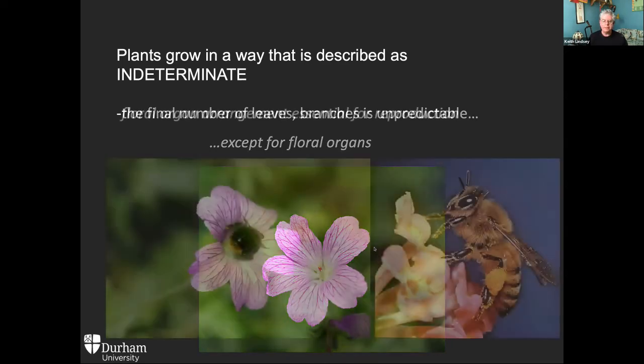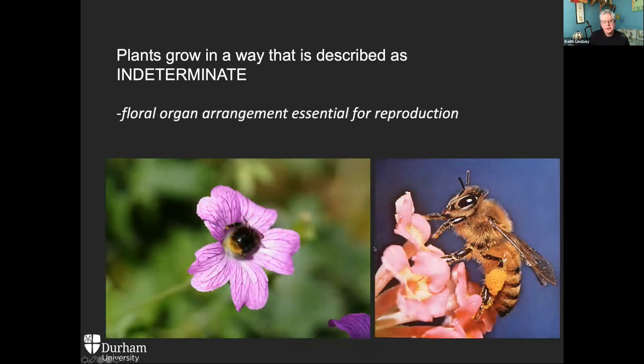And there's a good reason for that, which is that you need your floral organs for reproduction. So if you develop floral organs that are too long or too short or not in the right position, they may not be pollinated by insects, which have co-evolved to allow pollination in the expectation that the anthers that carry the pollen are going to be in the right position, or self-pollination or wind pollination.